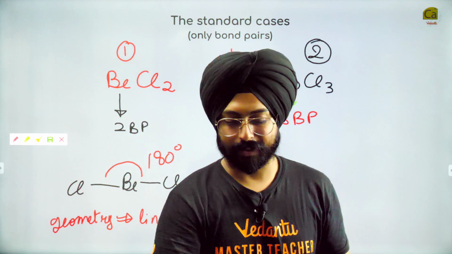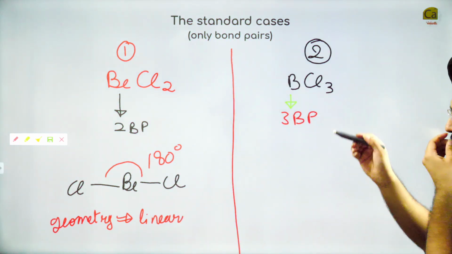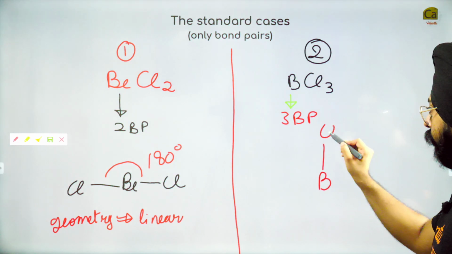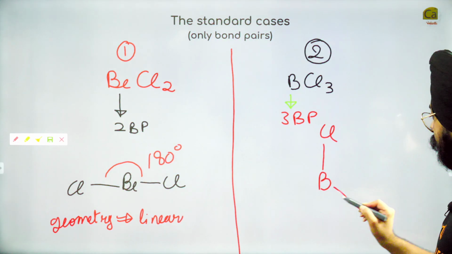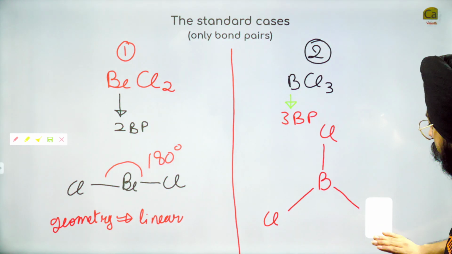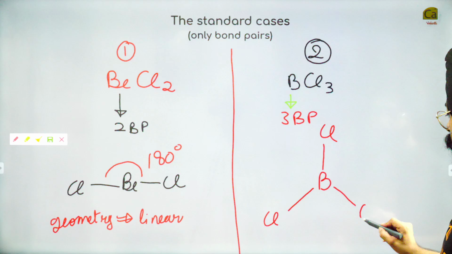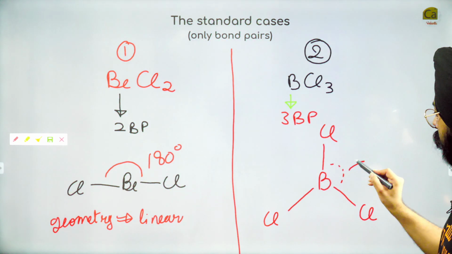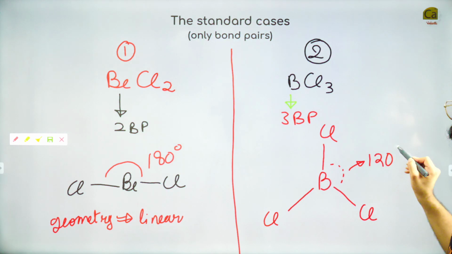Yes, right? So, my dear friends, 3 bond pairs, just keep boron in the middle. Keep 1 chlorine on the top, keep 1 chlorine on the right hand side, keep 1 chlorine on the left hand side. These bond lengths would be absolutely the same. Chalo ji. So the angle over here will be 120 degrees.